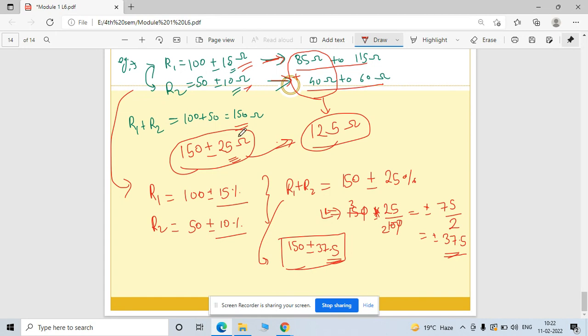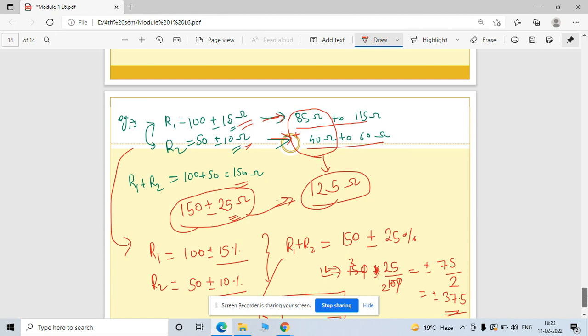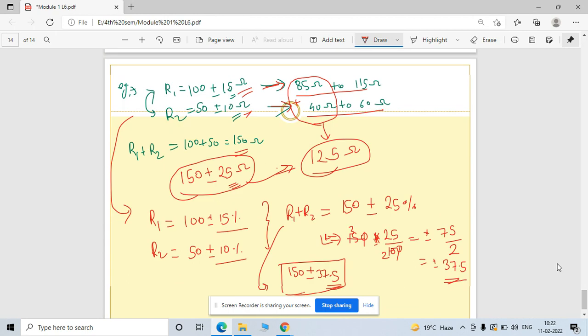So that's why while performing addition and subtraction, you will always add the absolute error. Similarly, while performing multiplication and division, you always add the percentage error, not the absolute error.